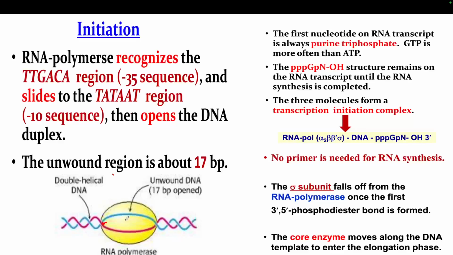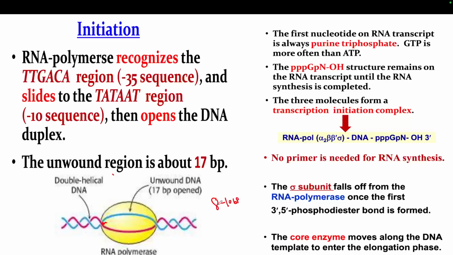And the RNA can quickly be terminated, because there is no primer before it. So until the 8 to 10 base pairs are synthesized, it can be terminated before that.